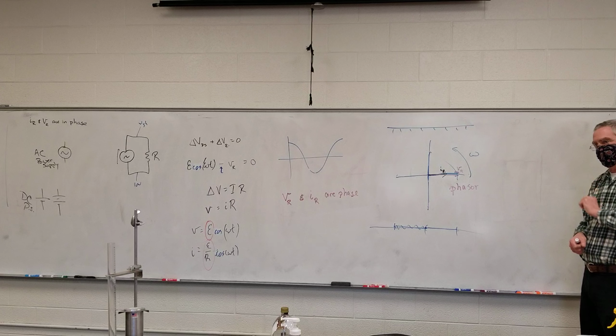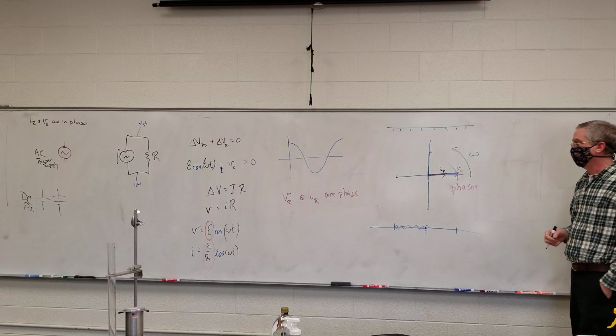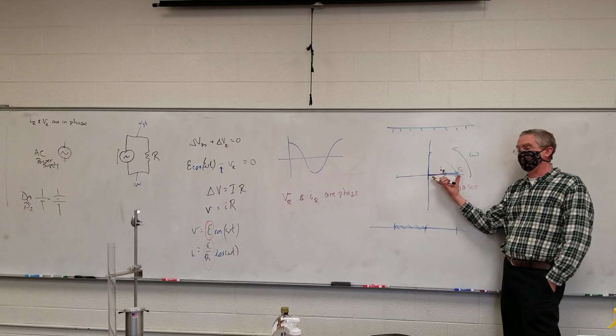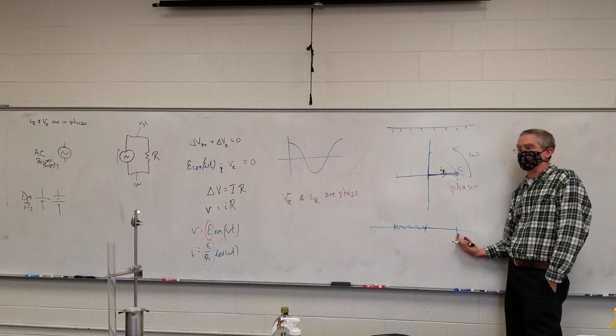The magnitude of these arrows is just the maximum value. Because V sub R is at a maximum value, we've got the maximum shadow here. This length right here would be whatever the maximum voltage across the resistor is.